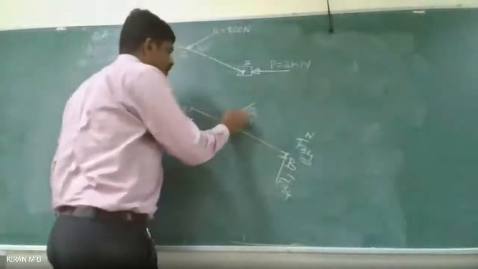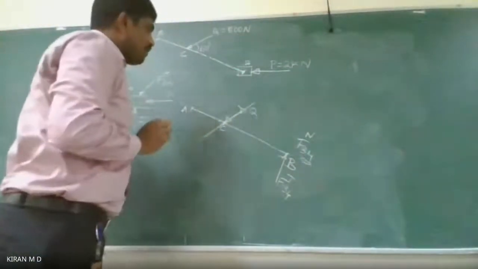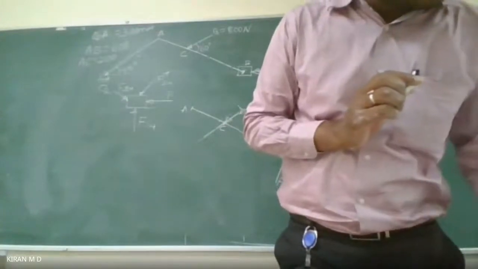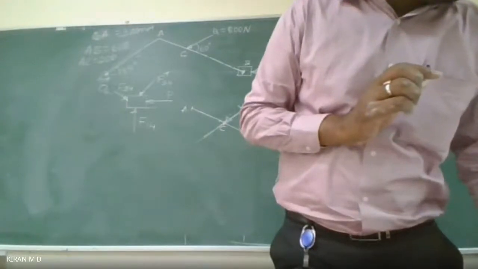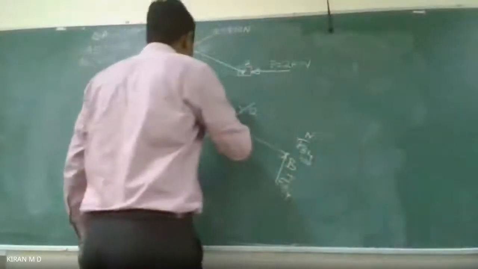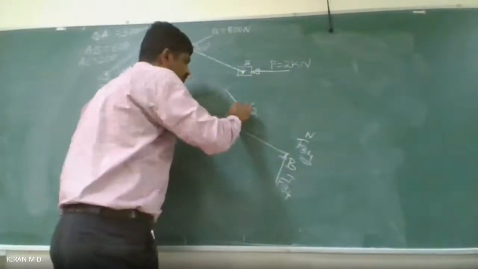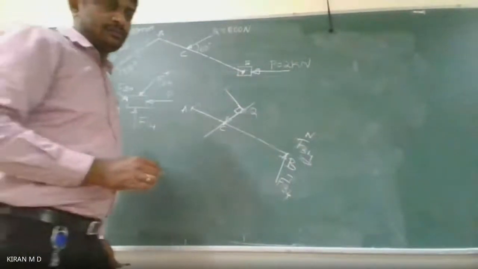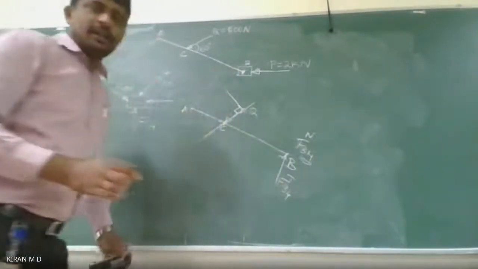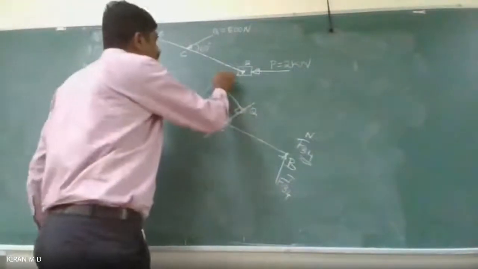Now draw one more parallel line here. This is the line of F34, the opposite force. Then draw the perpendicular line to this one and measure this distance.